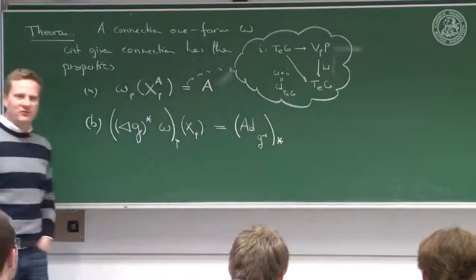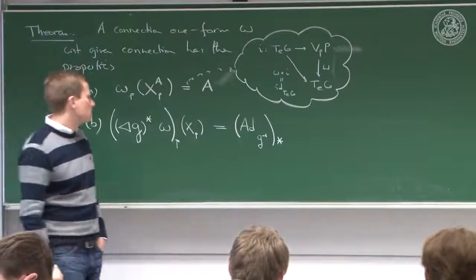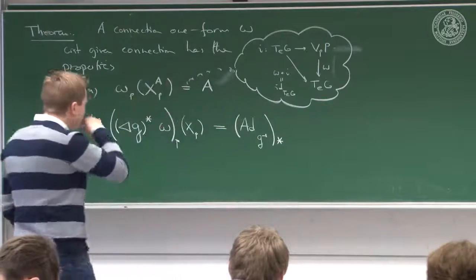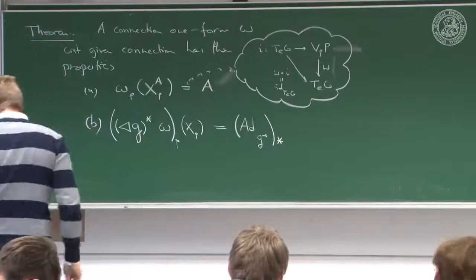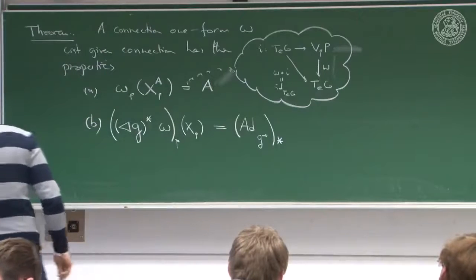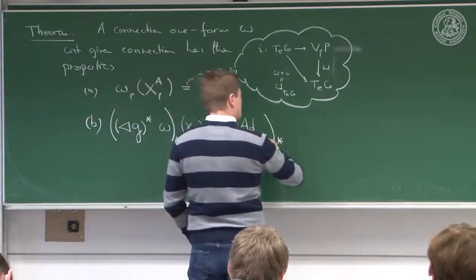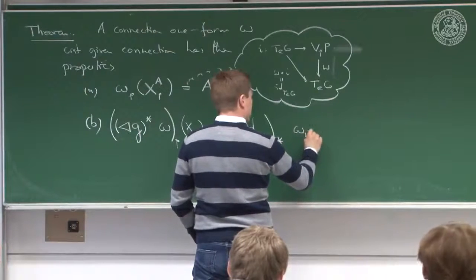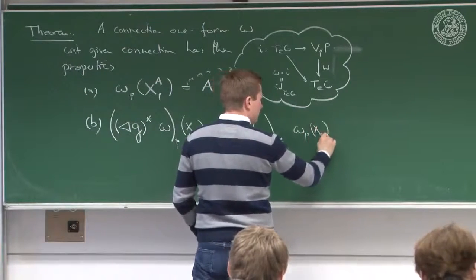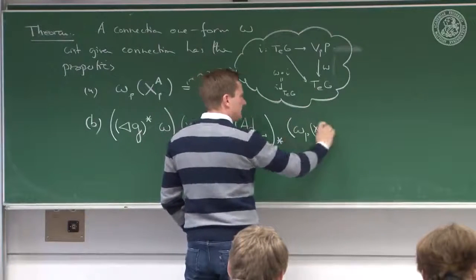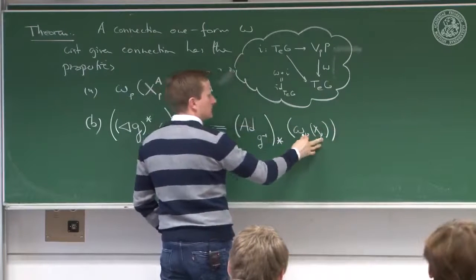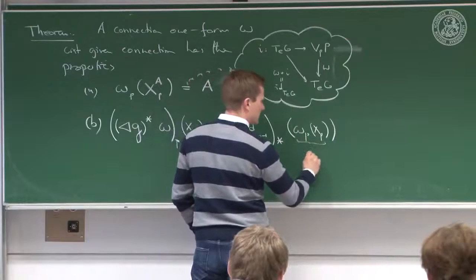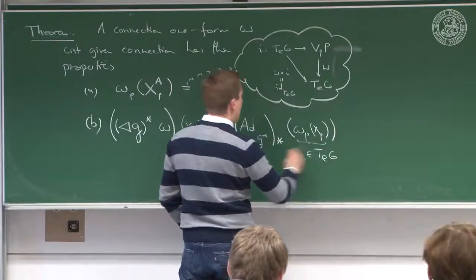Now it's the push forward because it acts on omega_P of X_P, which is a Lie algebra element, so this lies in T_eG.